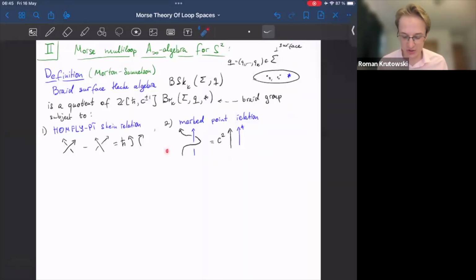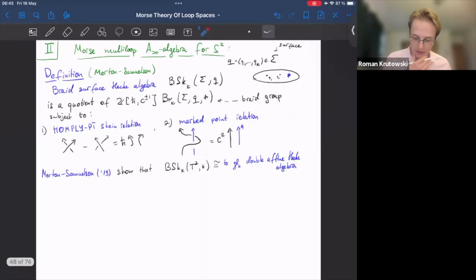And there is an additional, more formal relation for this marked point. And then Morton and Samuelson showed that in the case of the torus, this braid surface Hecke algebra is actually isomorphic to Cherednik's double affine Hecke algebra.